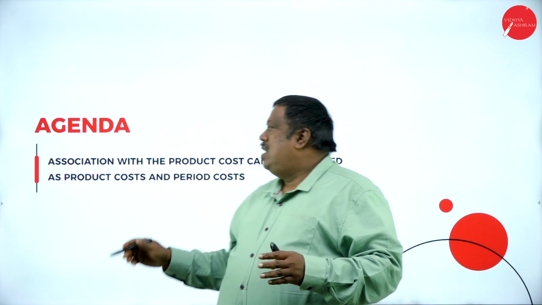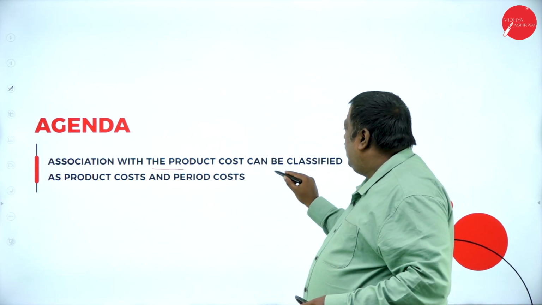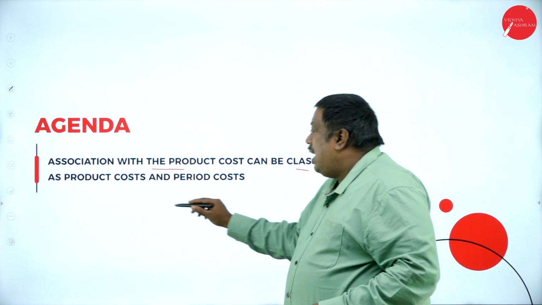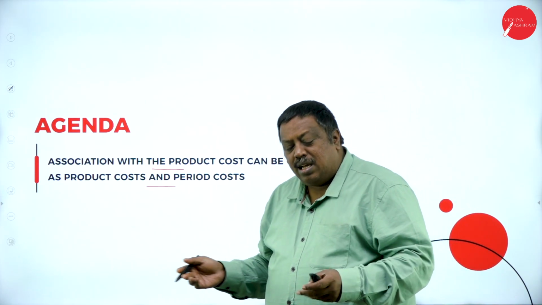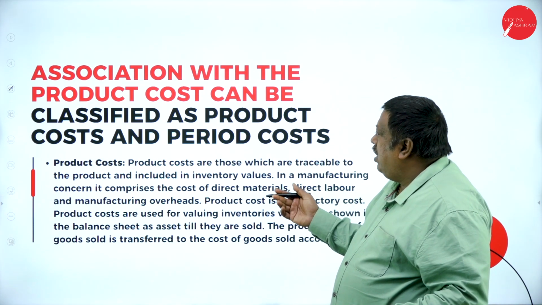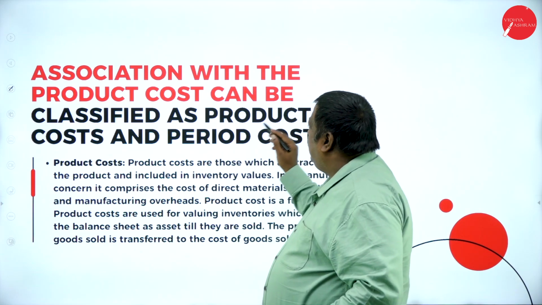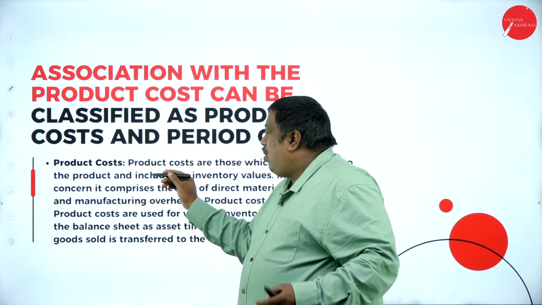In today's session, association with the product, cost can be classified as product cost and period cost. This is the major concept we are going to discuss. Under that, what are the segregations we have here? See, association with the product, cost can be classified as product cost or period cost. So what is product cost here?